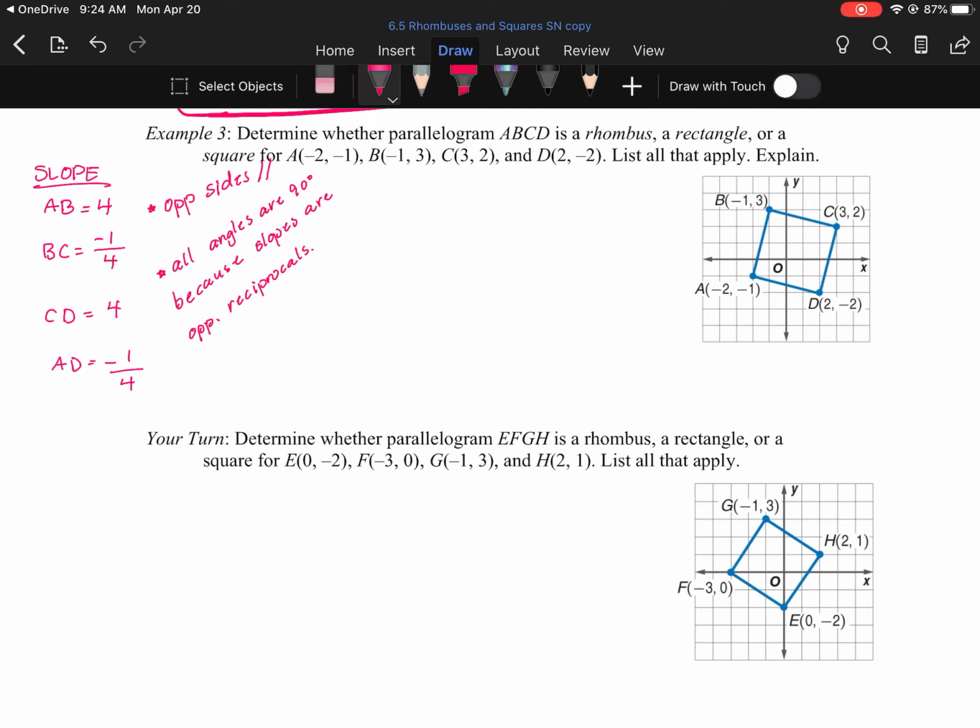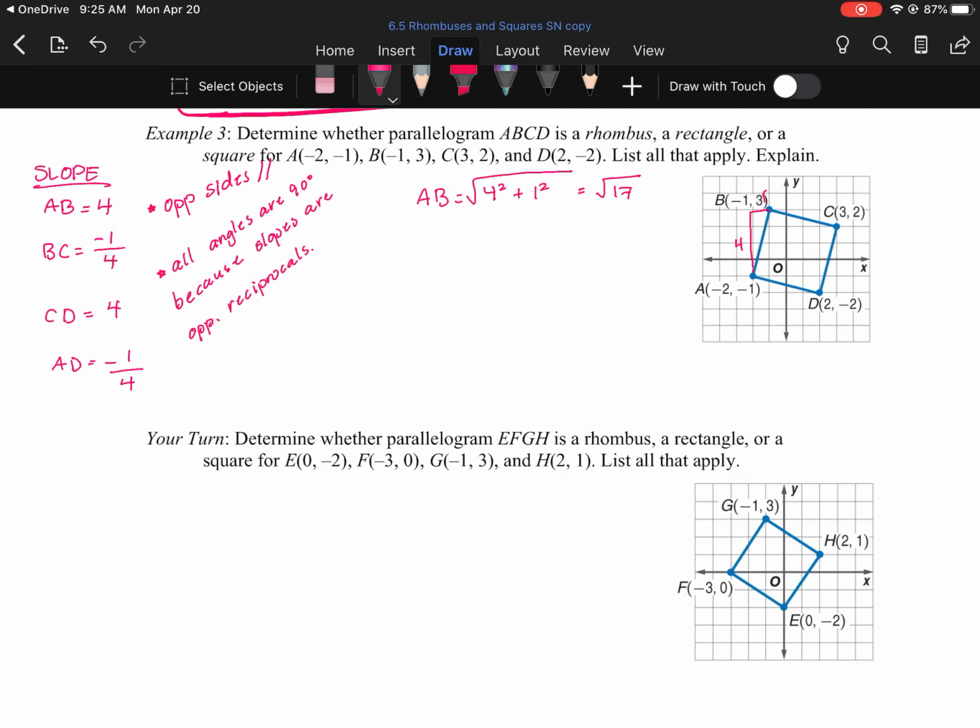We can use Pythagorean theorem if you prefer that over distance formula. So I'll do that for one of them here. So for A to B, we knew that was 4 over 1. So if this right here is my c value, that's going to be squared. So I'm going to square root 4 squared plus 1 squared. So we get 16 plus 1, so that's the square root of 17.